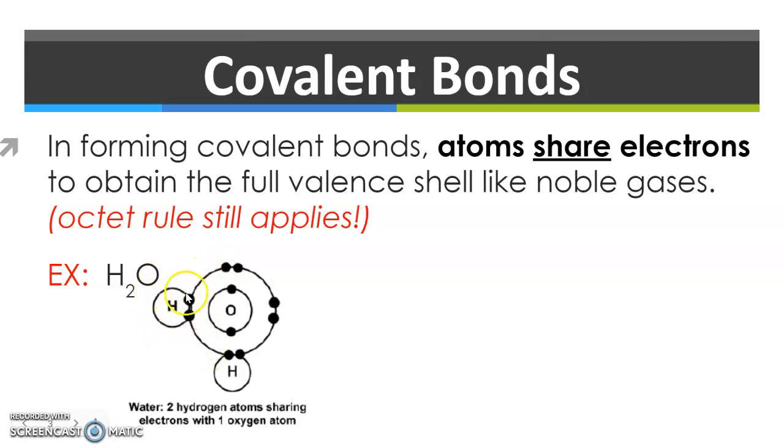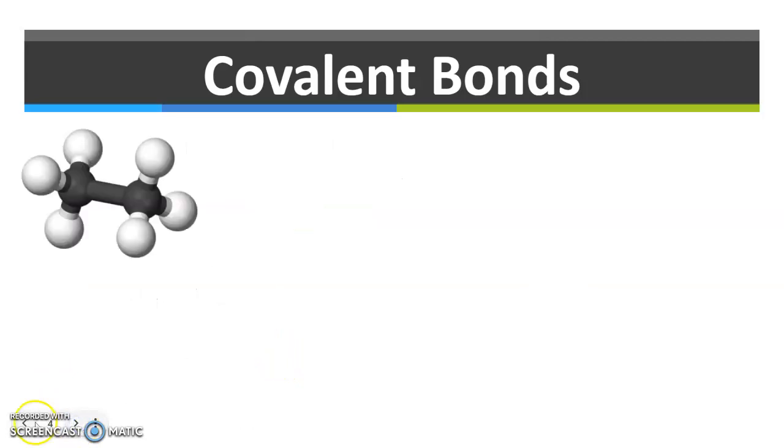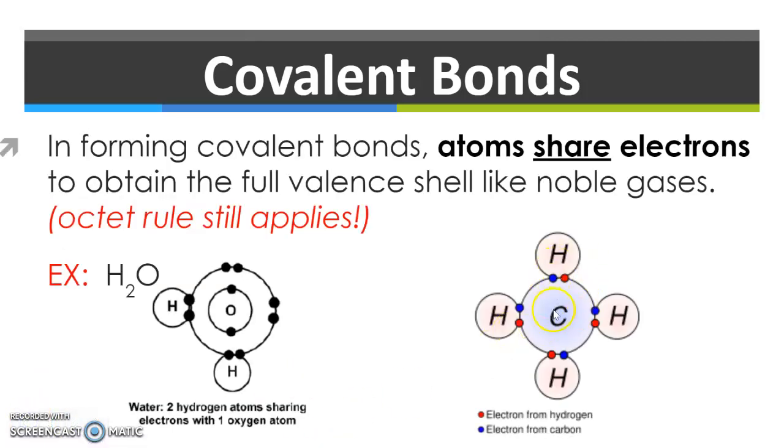So remember, hydrogen, since it only has 1 energy shell, only needs 2 electrons to be stable and happy, and then oxygen needs 8. So this molecule is stable, and both elements are happy because this oxygen has 8 in its outer energy shell, and then both hydrogens have 2 in their first energy shell, which is exactly what they need to be stable. And then that was just another example of CH4, that's methane.